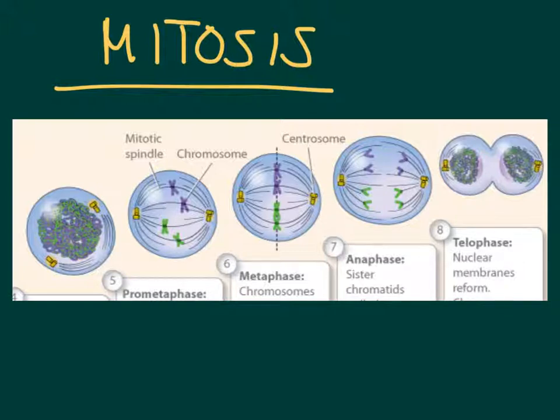So in the other 85% of that pie chart, you see a nucleus, you see a nuclear envelope. You can't see chromosomes because they only condense and are only visible during mitosis. So you will only ever see chromosomes during mitosis. The first stage of mitosis is prophase.